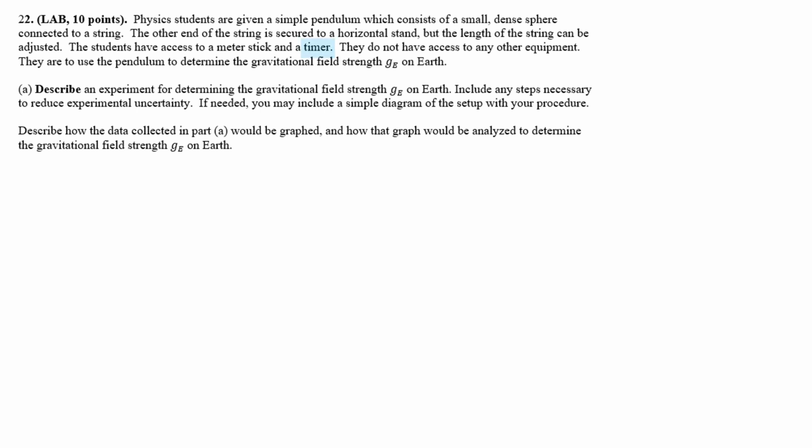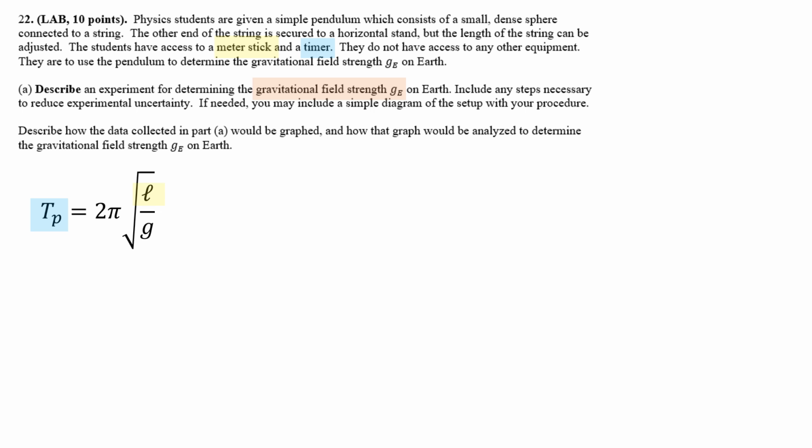And so you still start with what is the pertinent physics. In this particular case, since you have a timer and you have a meter stick, I would think that the pertinent physics would be the period of a pendulum equation. So T equals 2 pi square root L over g. I can use my timer to get the period. I can use my meter stick to get the length, L, in the equation.